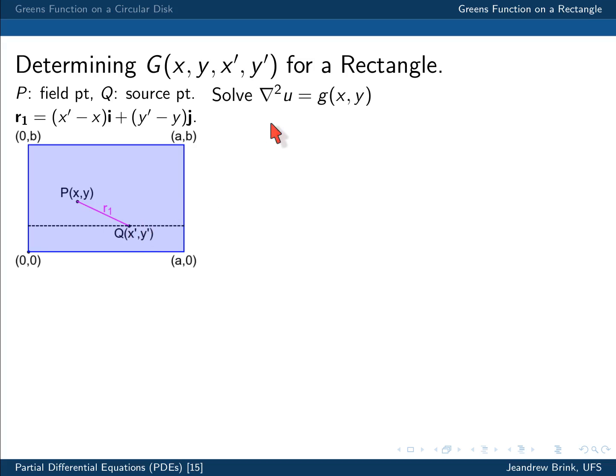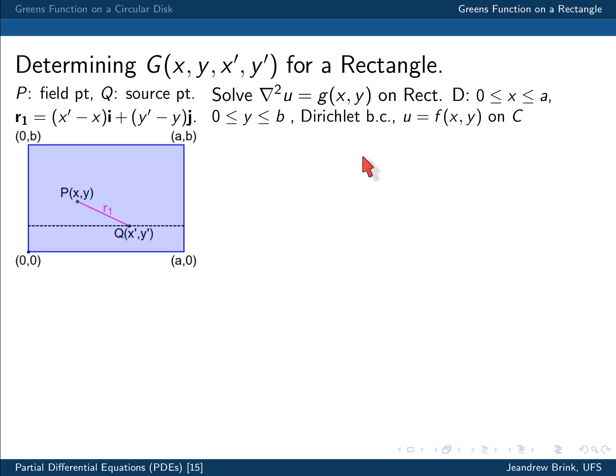So the aim is to solve the Laplace equation on U equals a source given on a rectangle, which is this blue square, bounded by x equals 0, x equals a, y equals 0, y equals b. And just for simplicity, we're going to assume that you have Dirichlet boundary conditions. That is, the function is specified on the boundary C, which is this blue curve around the outside.